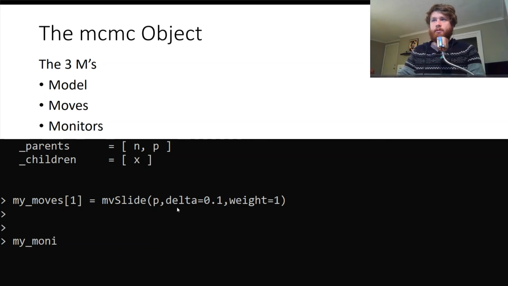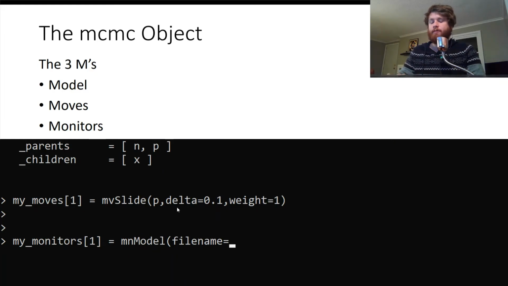In this case, we're going to do the same thing where we set up a vector, except it's going to be of monitors. We're going to make a variable called myMonitors, and we're going to set up a monitor, mnModel. All this function does is create how we record our MCMC to a file.